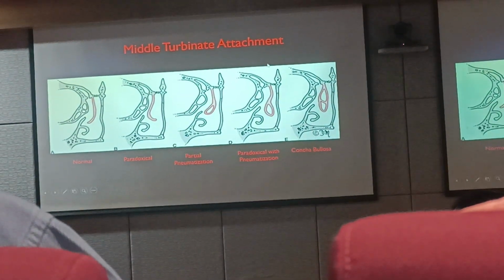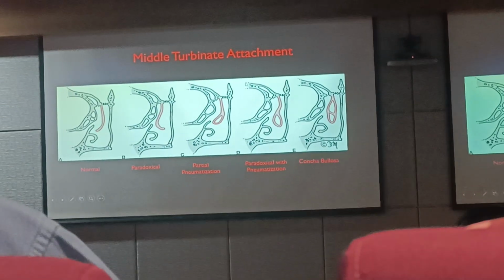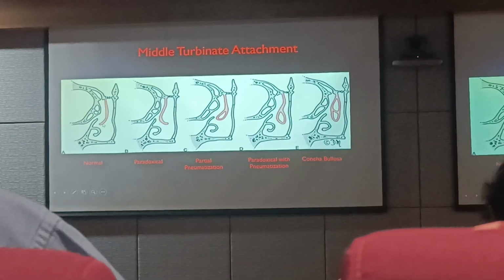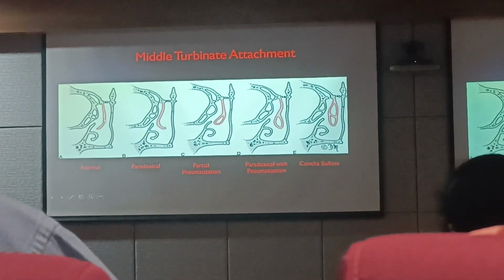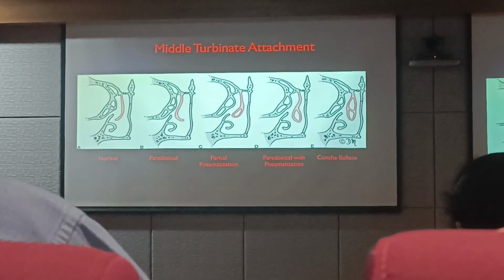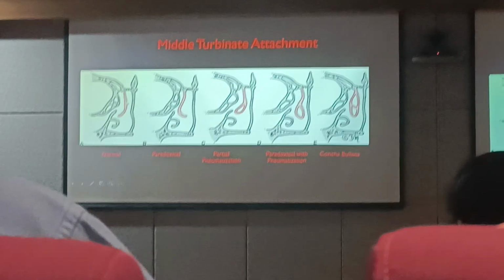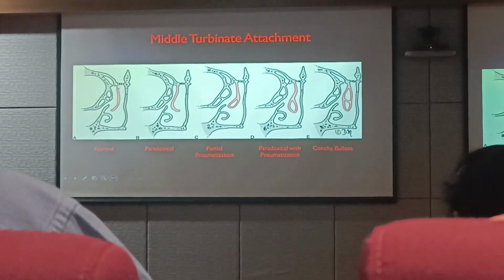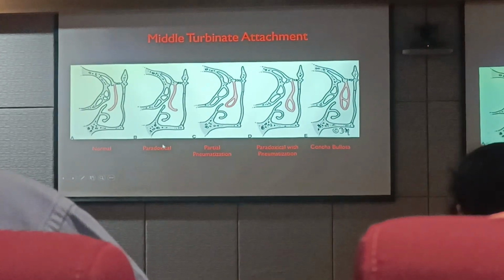So middle turbinate attachments. She's already told you, but let me again reflect back on what it is. Normally, in many cases, you see this middle turbinate go and attach there to the skull base. Most often you will find the middle turbinate attaching superiorly to the skull base, right? You also see paradoxical turbinates.